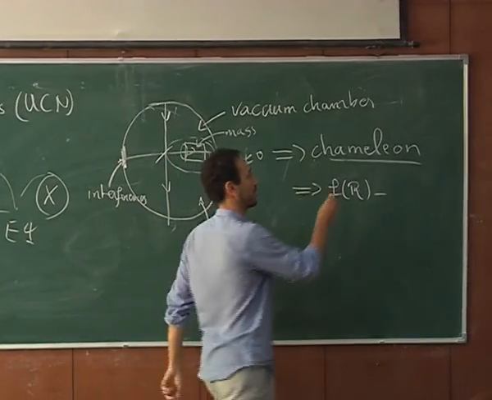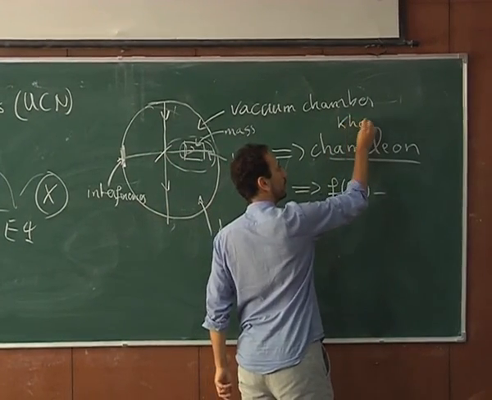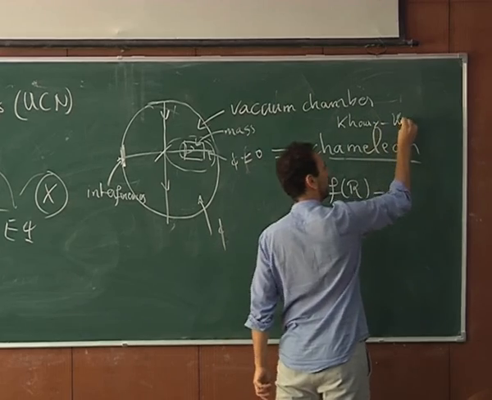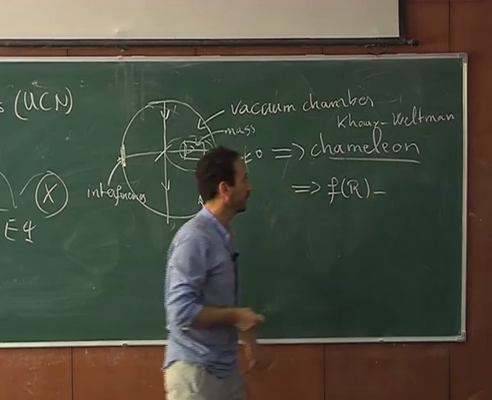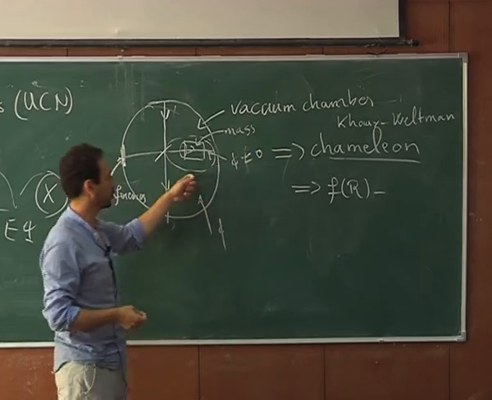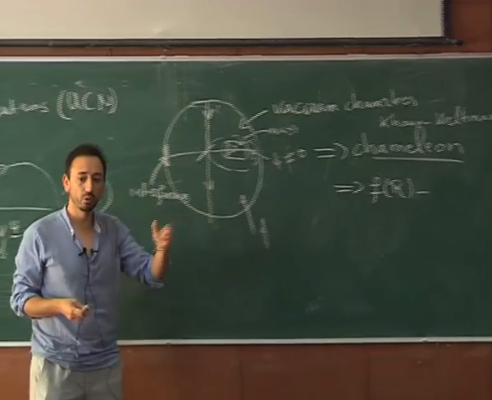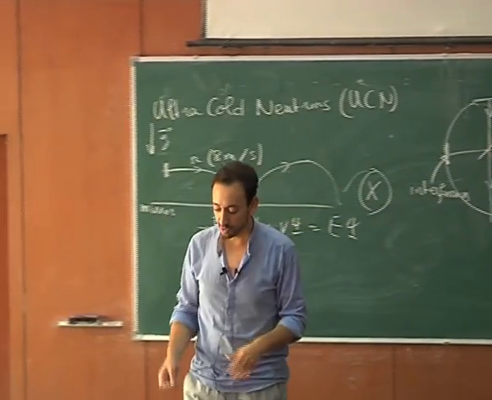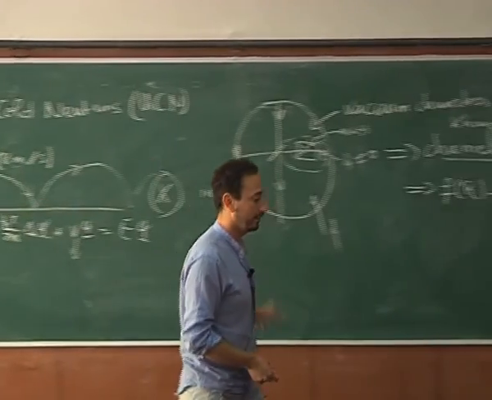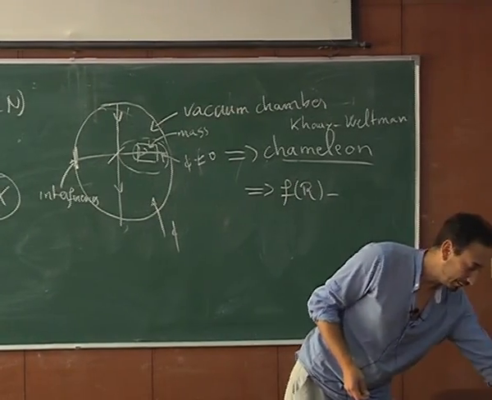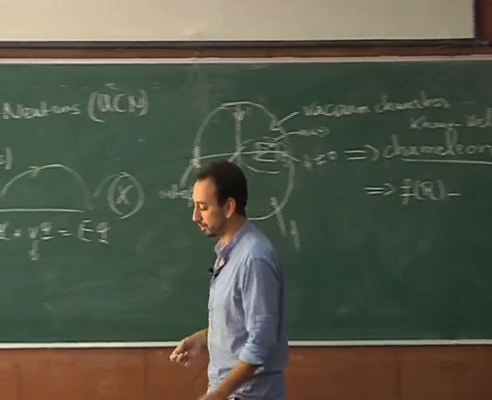Chameleon is something which has been done by Khoury and Weltman. These are the two people who cooked up this theory, and Khoury is the guy who was also involved in that. So he wanted, in some sense, maybe to see if his theory is working or not, but the conclusion is pretty clear at the end that that killed, in some sense, these theories.